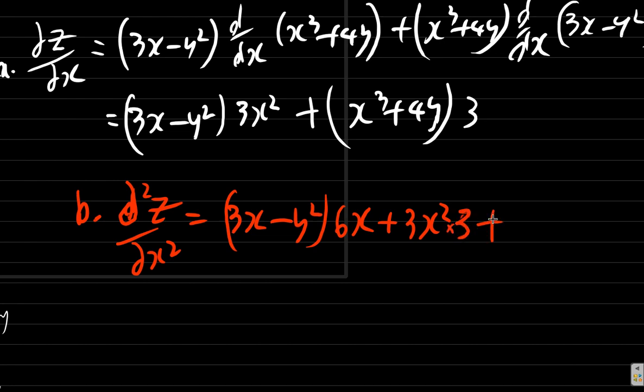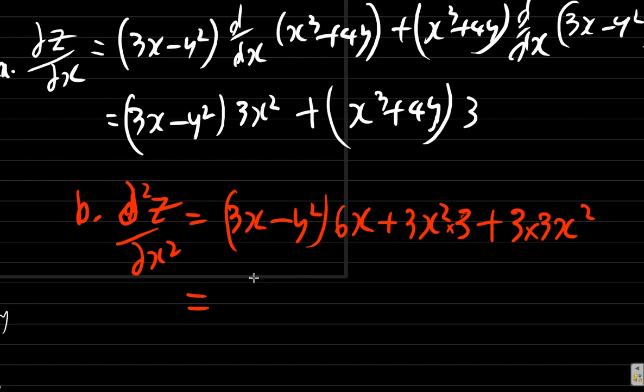Alright, plus then this part now, you're going to differentiate it with respect to x. Now here the 4y is a constant, so it will amount to 0. This will become 3x squared, but remember it is multiplied by the 3. Each item inside the bracket is multiplied by the 3, right? So you're going to have 3 times 3x squared. So what do you get here?